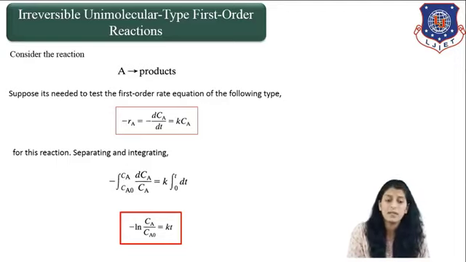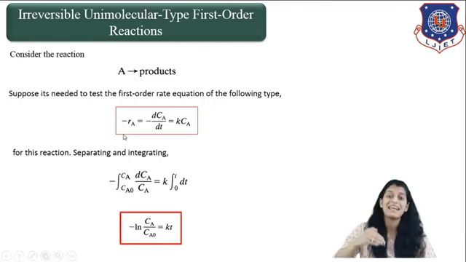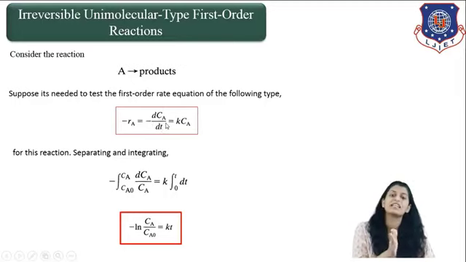So, rate of disappearance of A can be written as minus rA. The minus sign denotes the declining amount of your reactant. As reactant is getting consumed, the amount will be decreasing with respect to time, right? That's why it is written as minus rA. Now, minus rA equals minus dCA by dt. CA is the concentration of A at the given time.